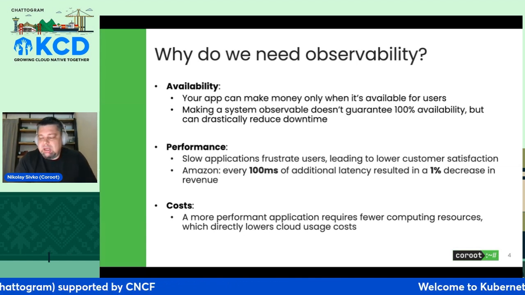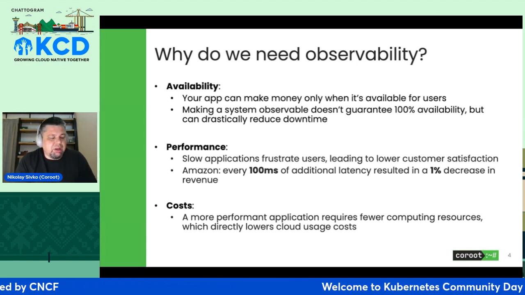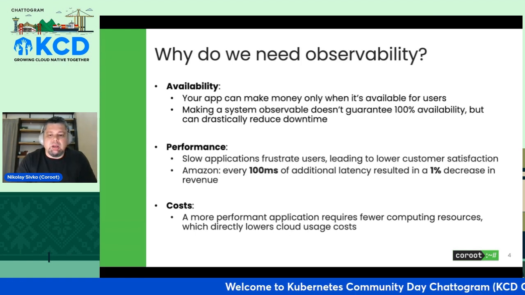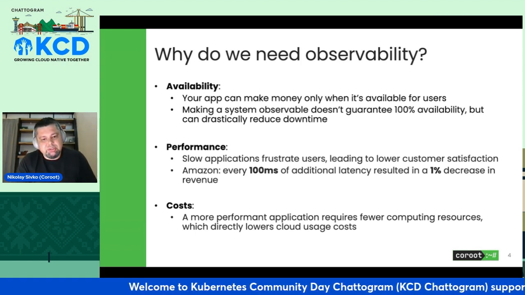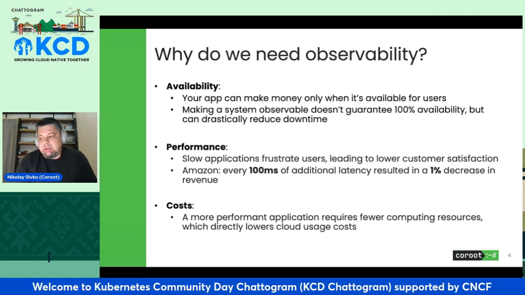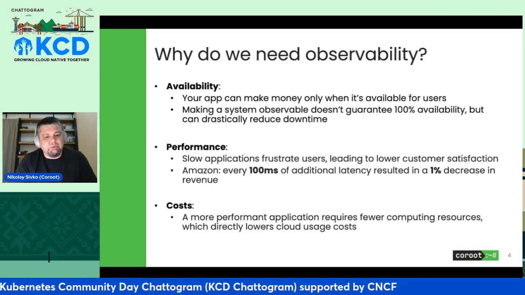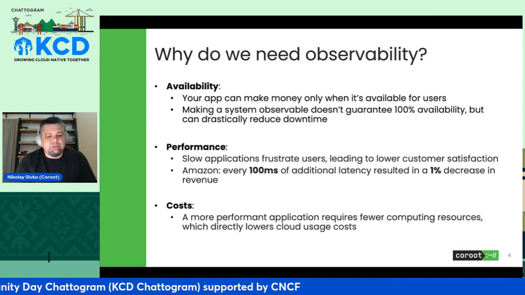And the third one is cost. If we can optimize some of our services, allowing them to consume less resources, we will spend less budget on cloud.